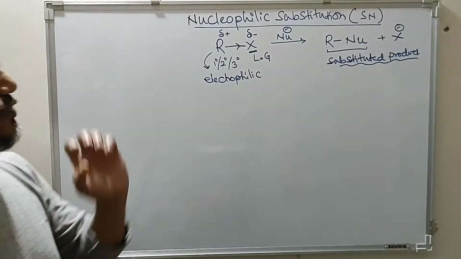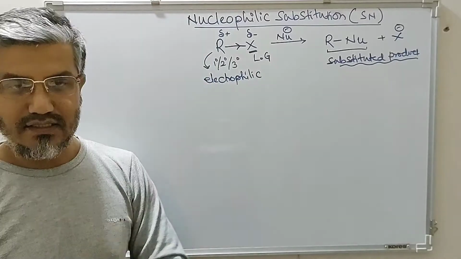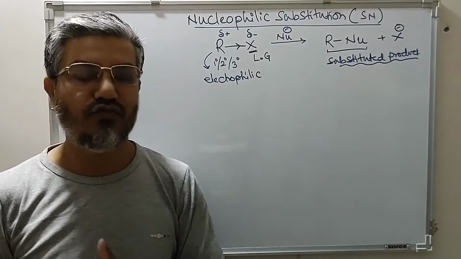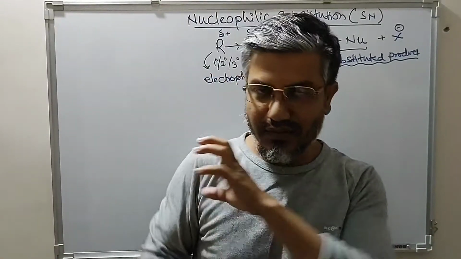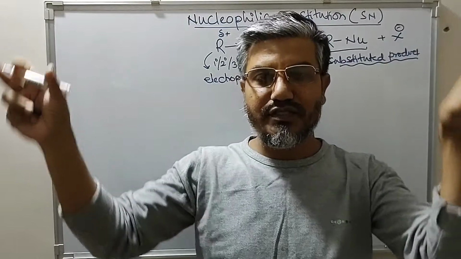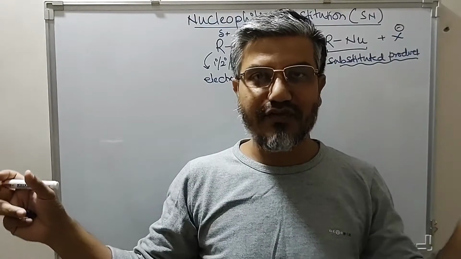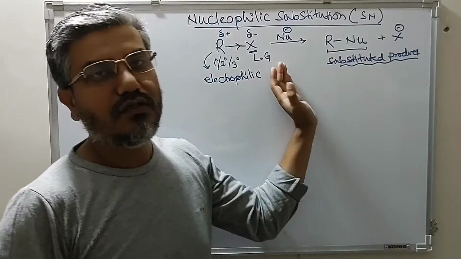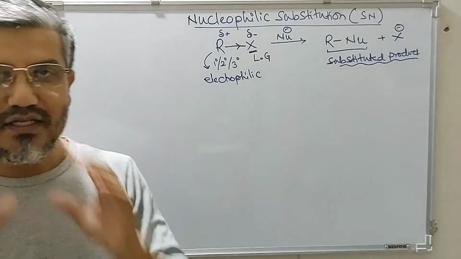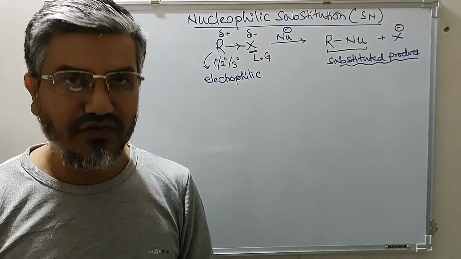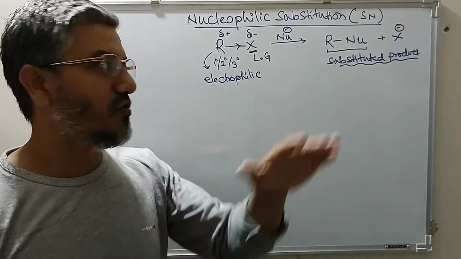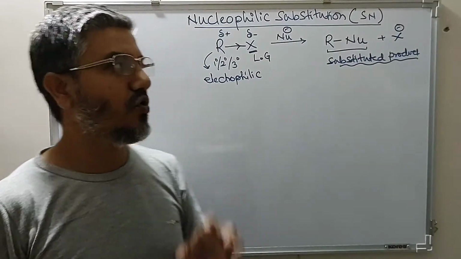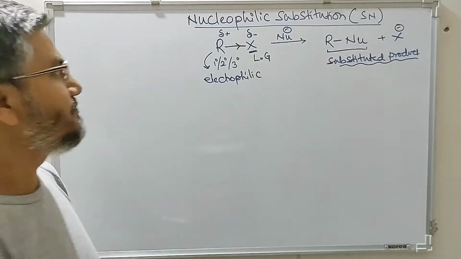Now, this nucleophilic substitution SN mainly occurs by two different pathways. Similar to elimination, where the reaction of alkyl halides occurs via three different pathways, the substitution reaction of alkyl halides mainly occurs through two different pathways. There are a number of pathways, but we are mainly focusing on two, which are the most common modes of substitution.